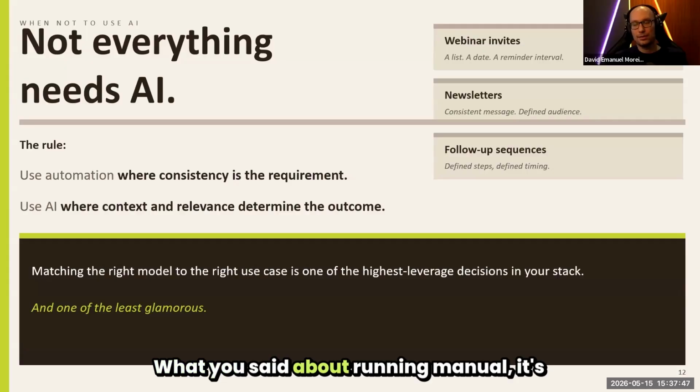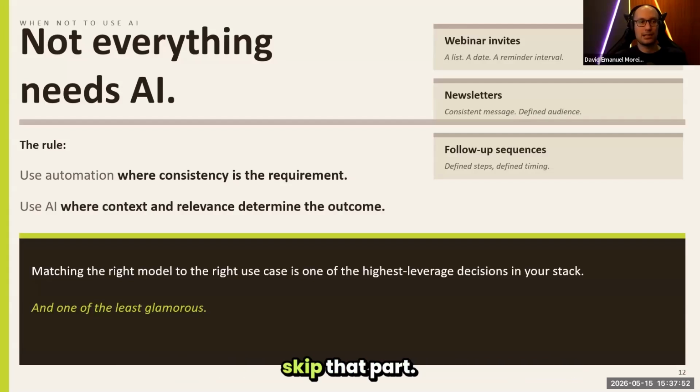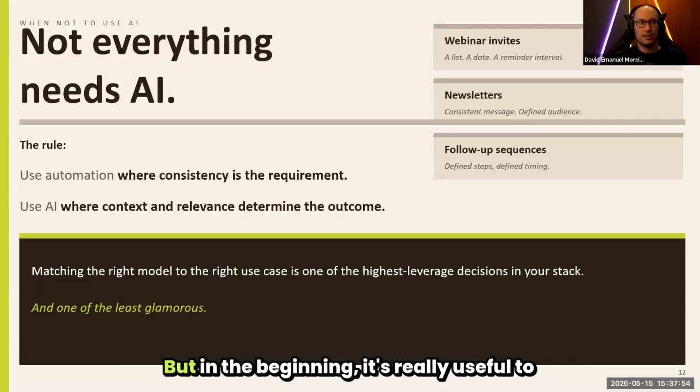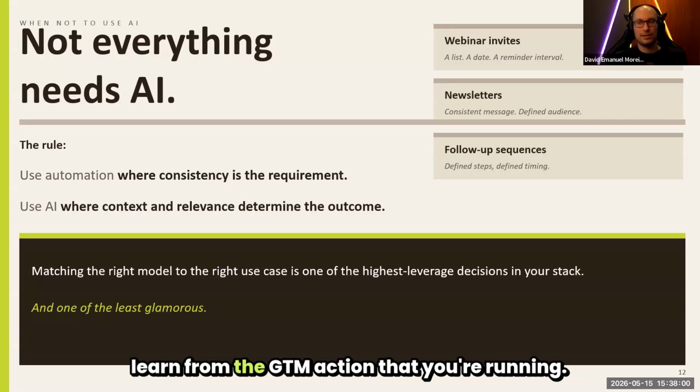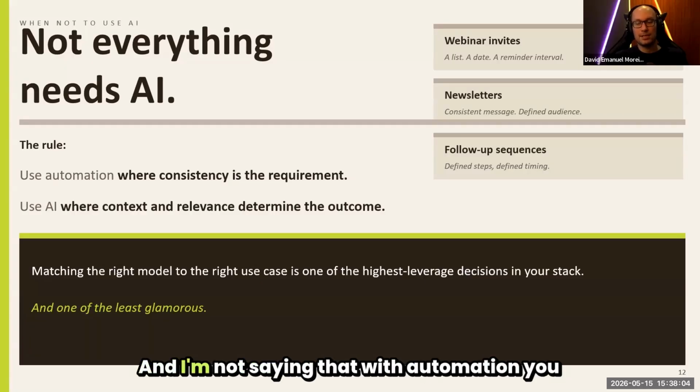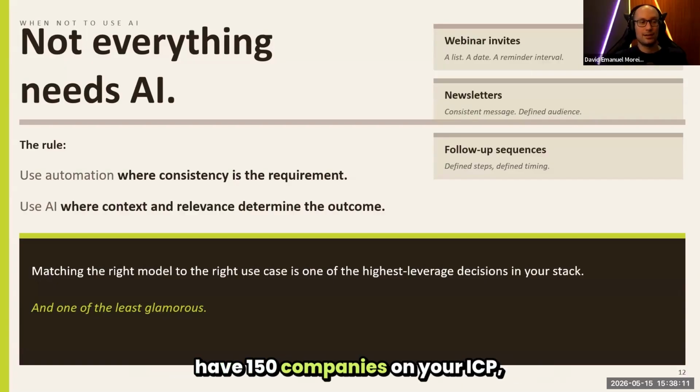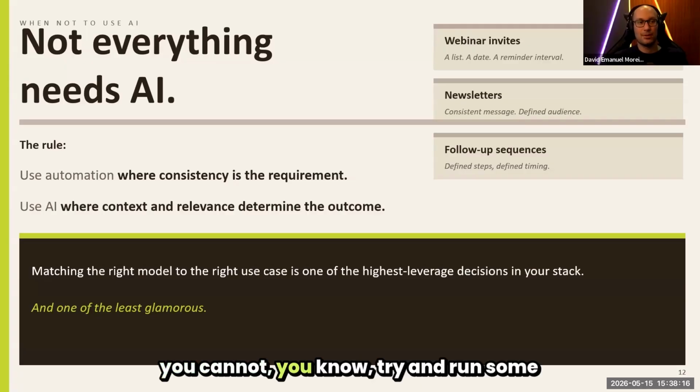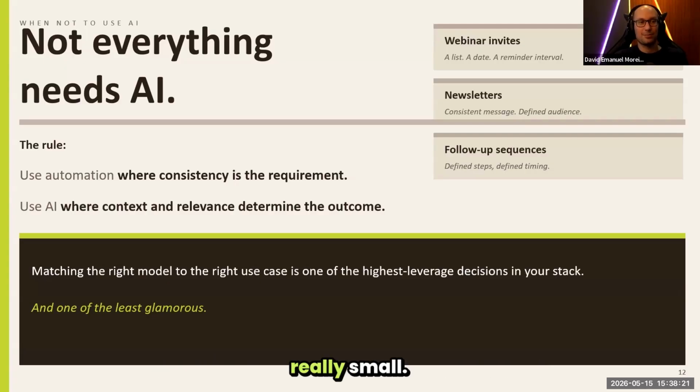What you said about running manual is really important because most of the companies skip that part. But in the beginning, it's really useful to learn from the GTM action that you're running. And I'm not saying that with automation you cannot learn, but in some cases, like if you have 150 companies in your ICP, you cannot run experiments with that batch because it's really small.